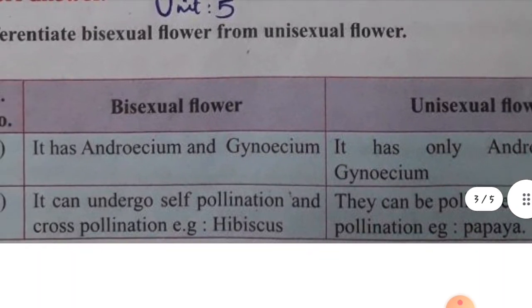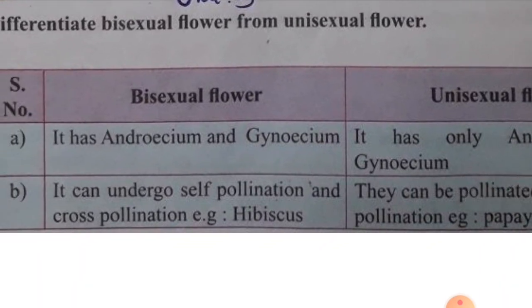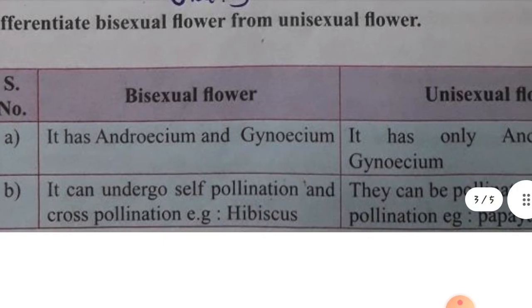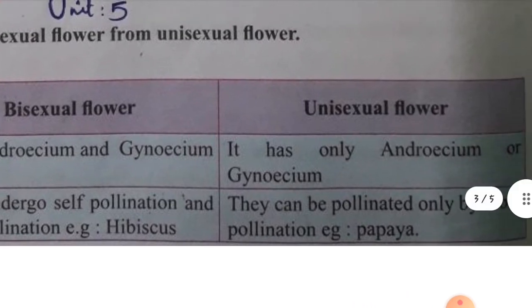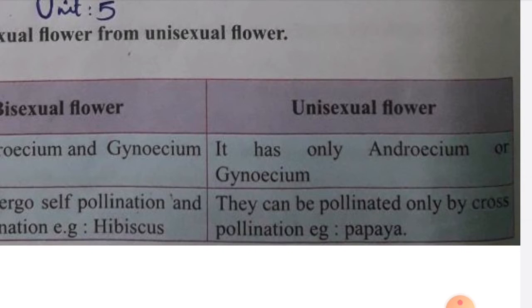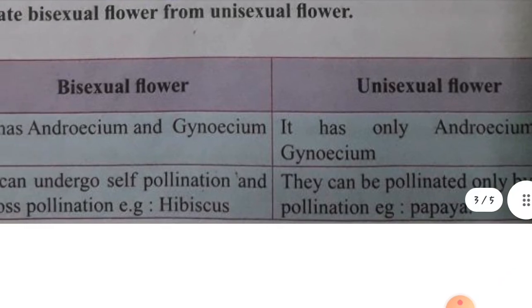And the second point of bisexual flower, it can undergo self-pollination and cross-pollination. Example, hibiscus. And unisexual flower can be pollinated only by cross-pollination. Example, papaya. How many of you like papaya? Yeah, me also. Very good, children. Next, move to the next question.